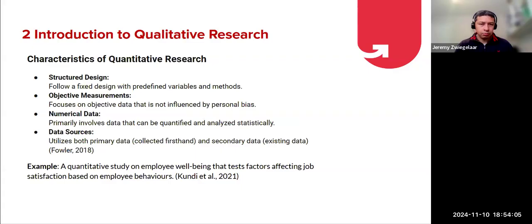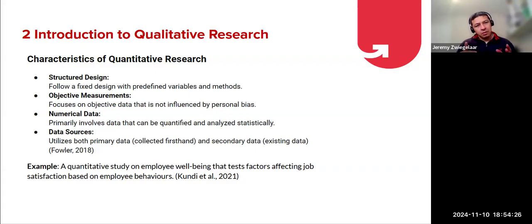Okay. So we talk about these quantitative research in terms of having some different types, right? So we have characteristics around the structure design, objective measurements, numerical data, and data sources, right?